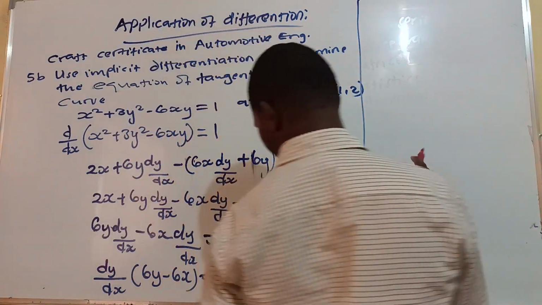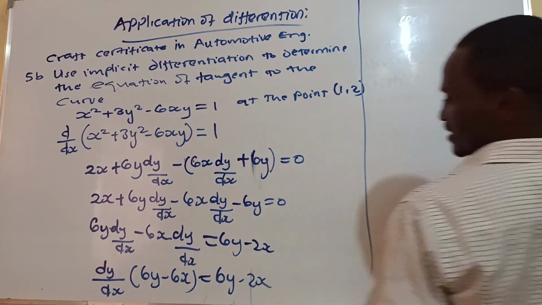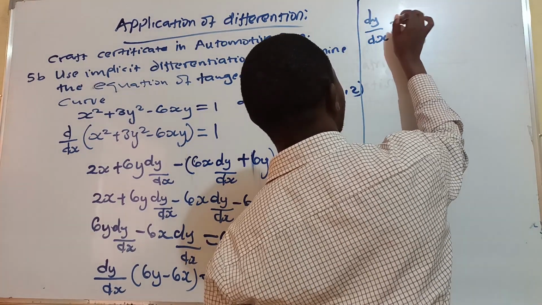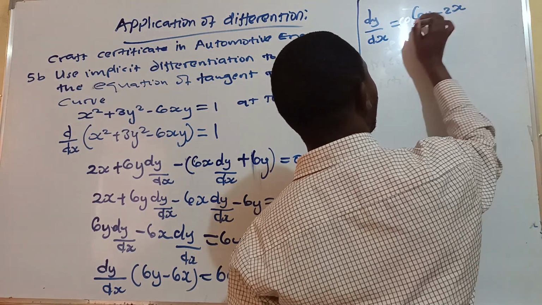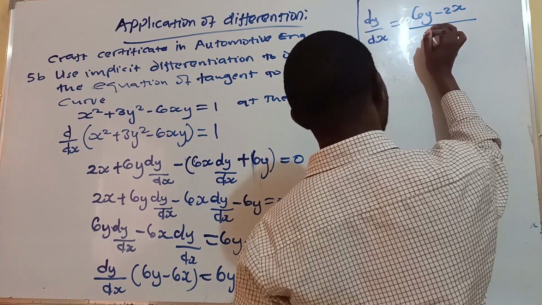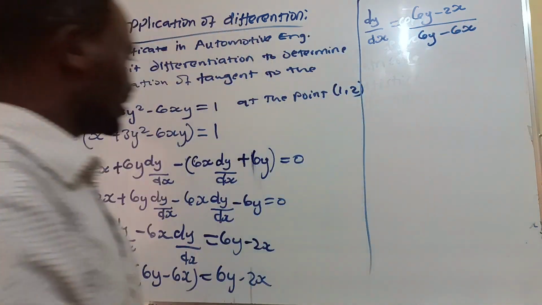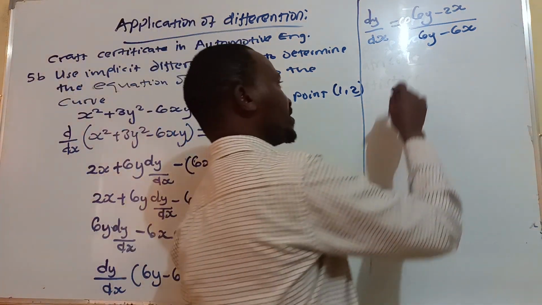Now we divide both sides by 6y minus 6x, so that dy/dx is equal to 6y minus 2x all over 6y minus 6x.